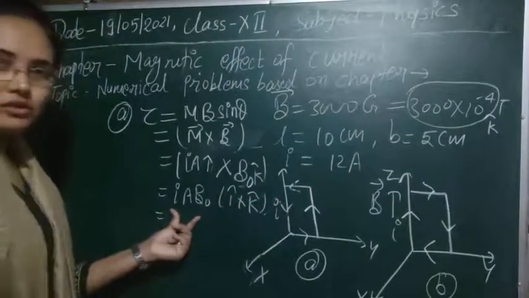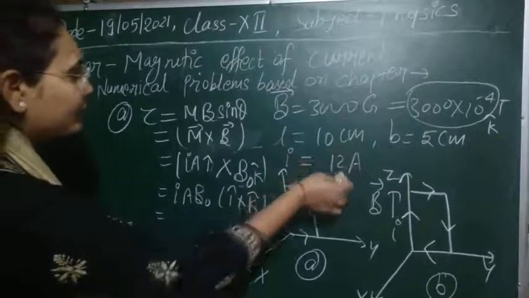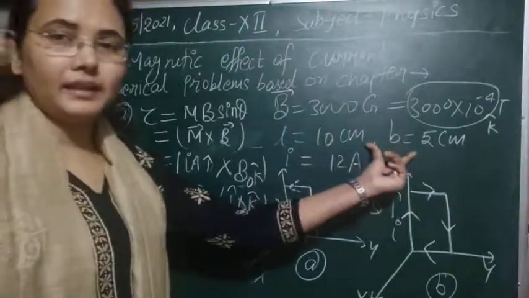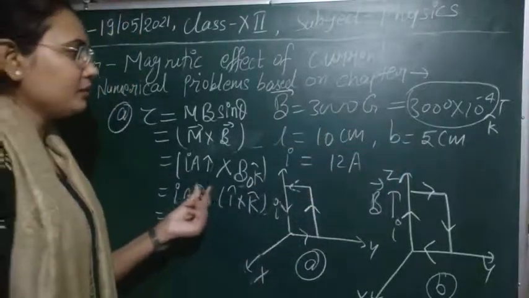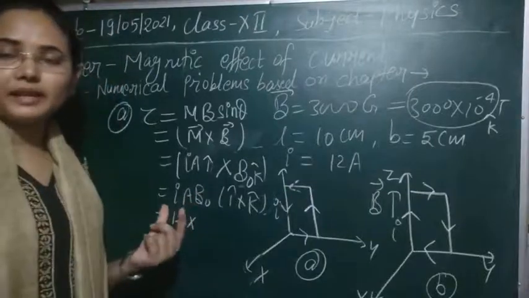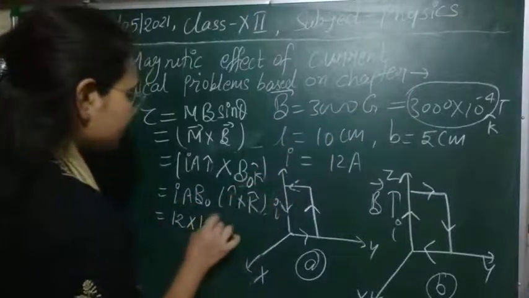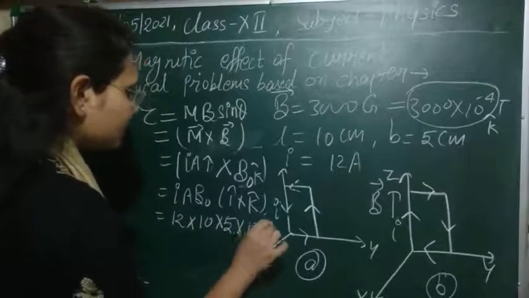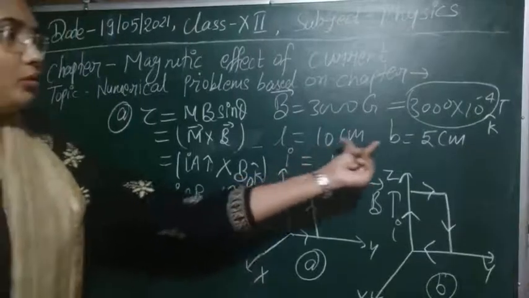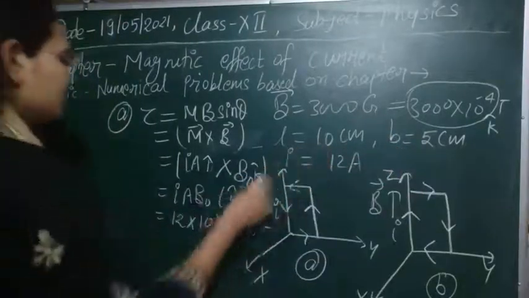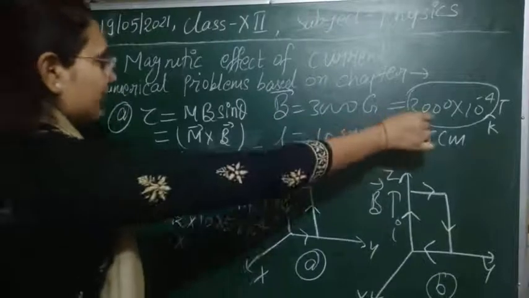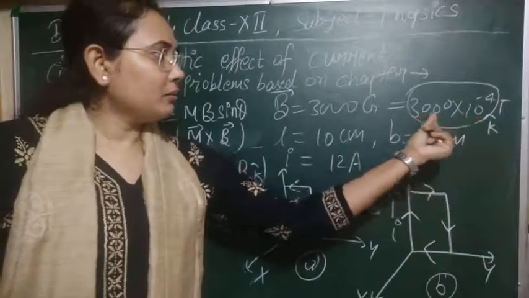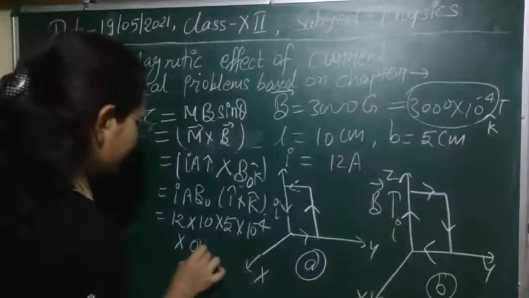Now let's put in the values. We have the value of I, that is 12 ampere. We have the length and breadth. The area of the rectangular loop is length into width, so this is 10 into 5, and let's convert it into standard units: in meters it will be 10 power minus 4, with 10 power 2 from here and 10 power minus 2 from here. Also B0, you can solve this one, it will be 10 into 0.3, which is 0.3.